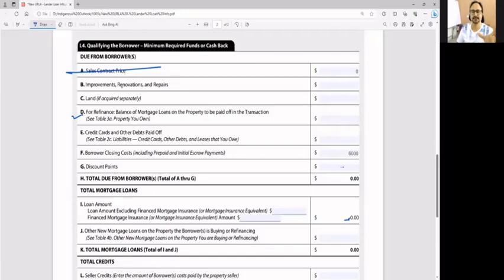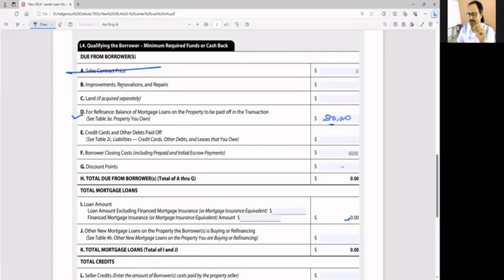Refinance means somebody is going to refinance the loan; the current existing loan needs to be paid. Who is going to pay? Again, we are going to give everything to the attorney. So we are telling $80,000 is the existing mortgage that will be paid.